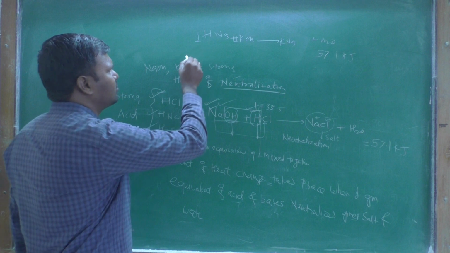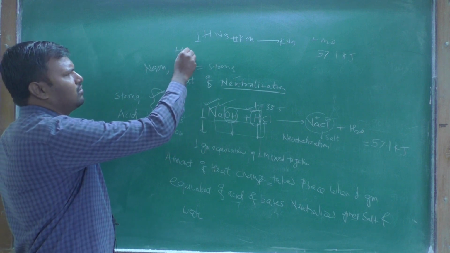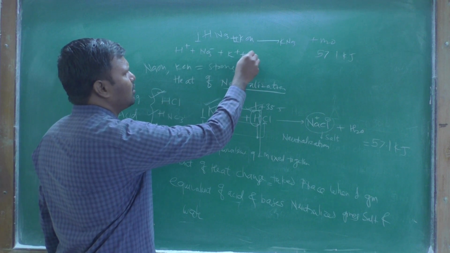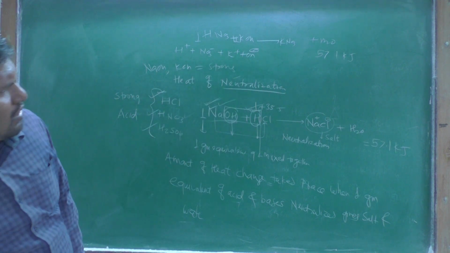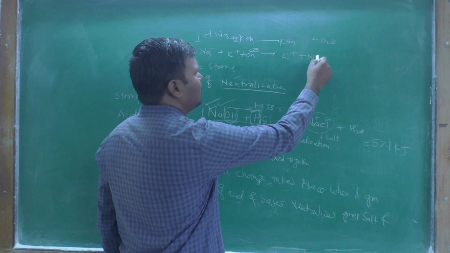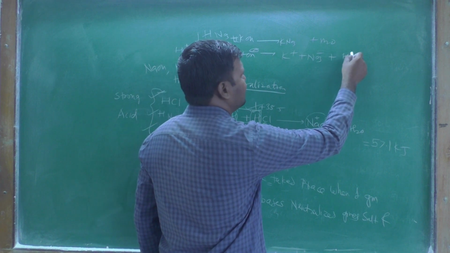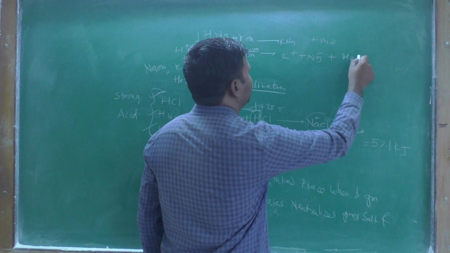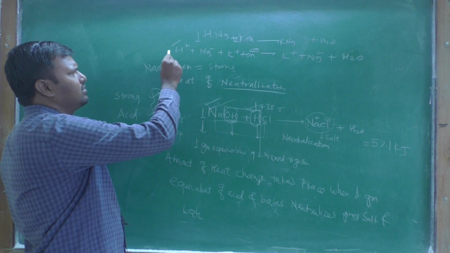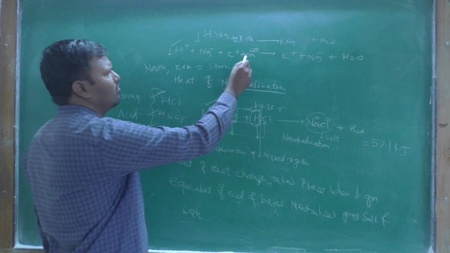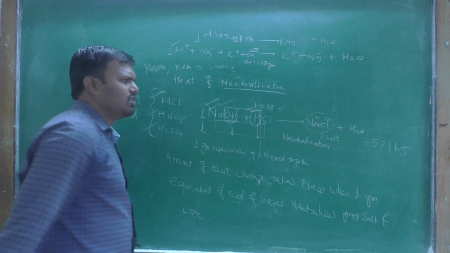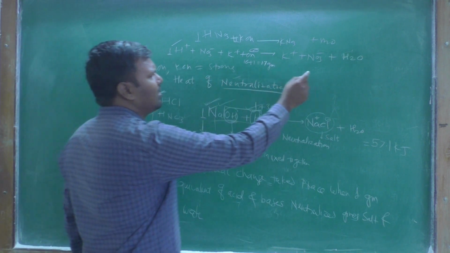Showing it like H plus NO3 minus plus K plus OH minus, dissociation is there, and you obtain K plus NO3 minus plus H2O. The ions K plus and NO3 minus cancel, so the remaining terms are H plus and OH minus. The gram equivalent weight of OH is 17 gram, oxygen 16 and hydrogen 1, and with 1 gram of H it is 18 gram.